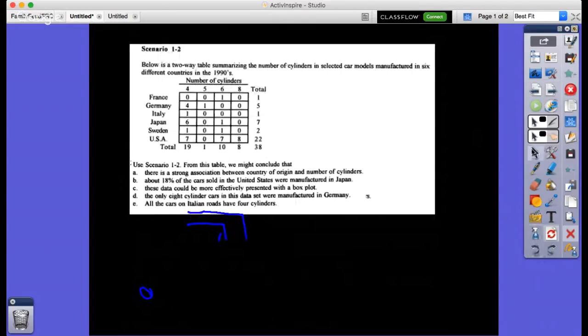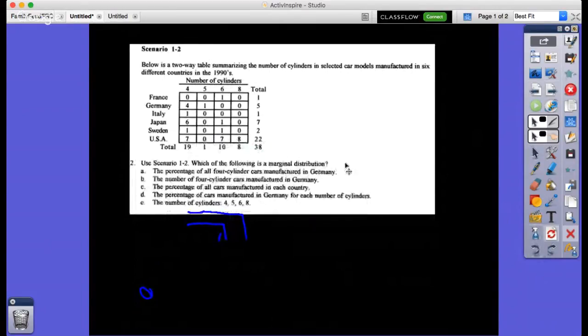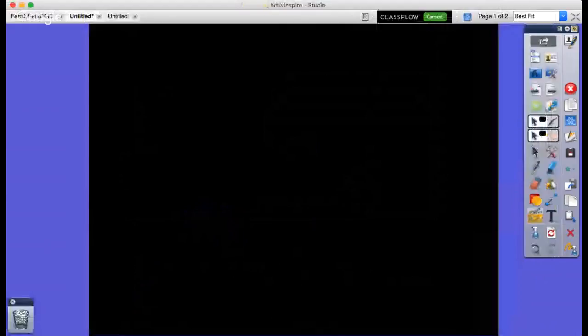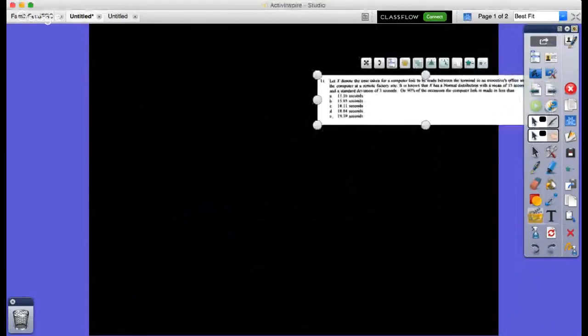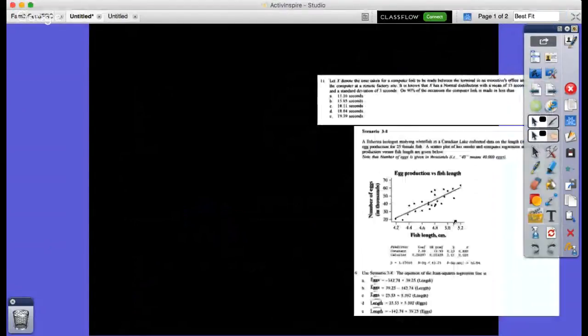Let's see, I'm gonna delete these two. Okay, let's put these on here. So I'm gonna do the first one that you had mentioned, which was 11. That was 11 right there. And then this one was the second one, right?